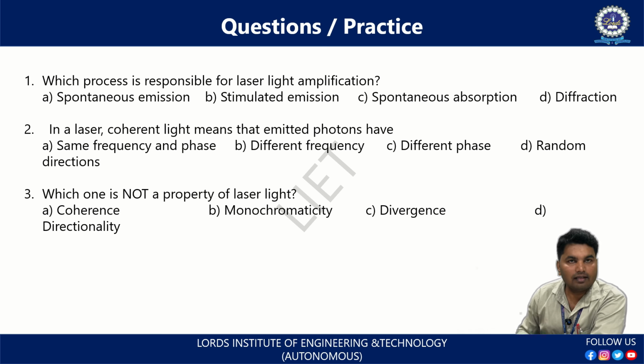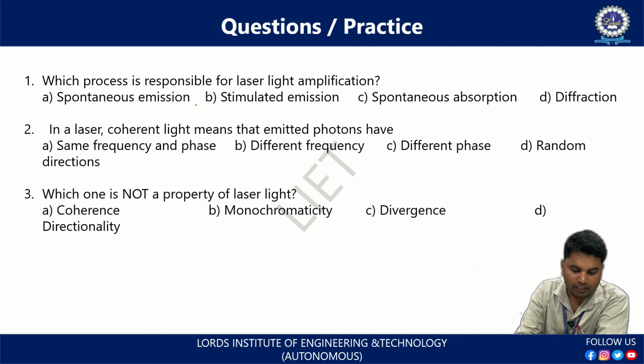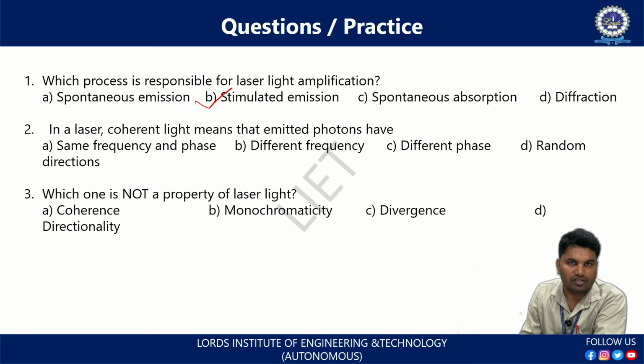So as you can see in the questionnaire, first question, which process is responsible for laser light amplification? And options are spontaneous emission, stimulated emission, spontaneous absorption, diffraction. And the correct answer is stimulated emission. Let's see question number 2.